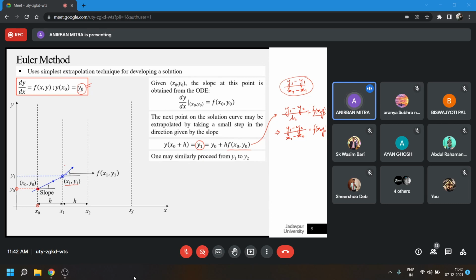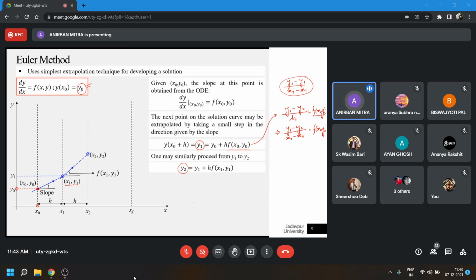Once the slope is obtained, we can extend it to get the next point. That way, x2, y2 is obtained. And then we can repeat the process continuously till we reach the right side extremity xf. So in the next step, y2 is given as y1 plus h multiplied by f of x1, y1. Look at the right hand side, everything is known. We can pretty easily calculate y2 and then move on to y3 and y4 like that.